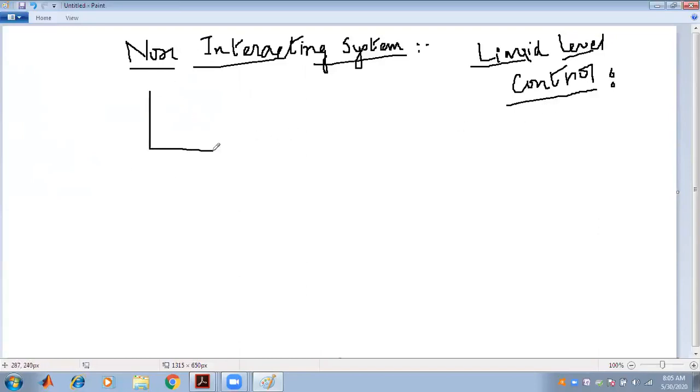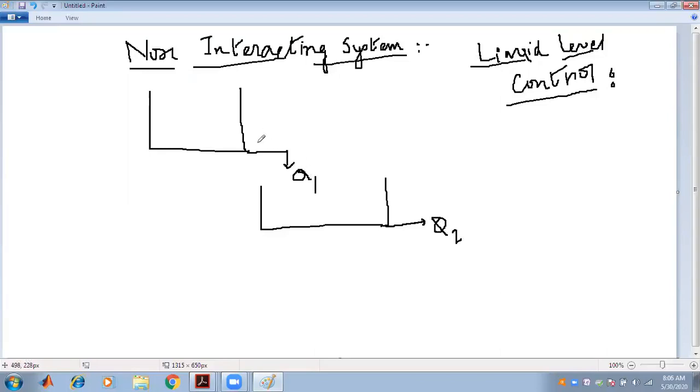There is a concept of non-interacting systems, that is, the height of the second tank does not depend on the height of the first tank. That is the main concern. Q1 is what is coming to tank 1.